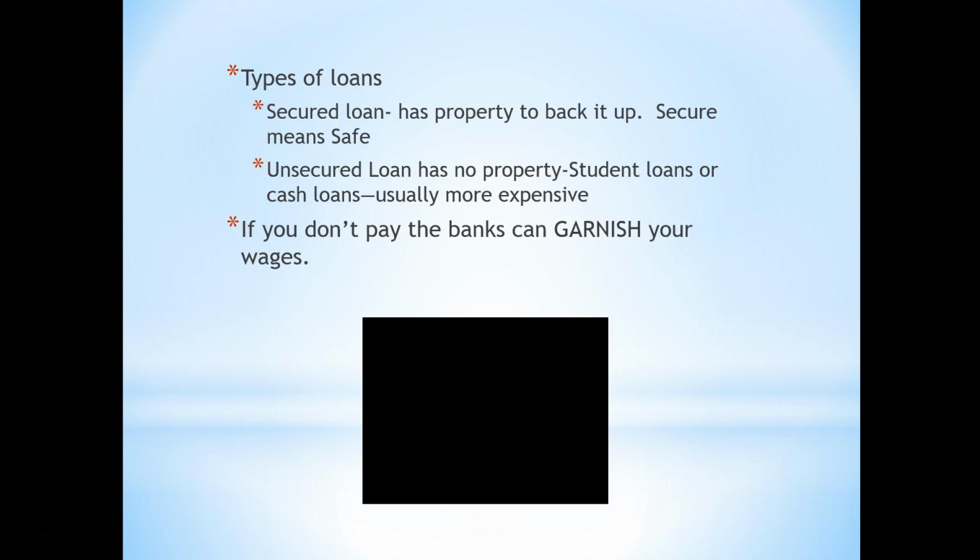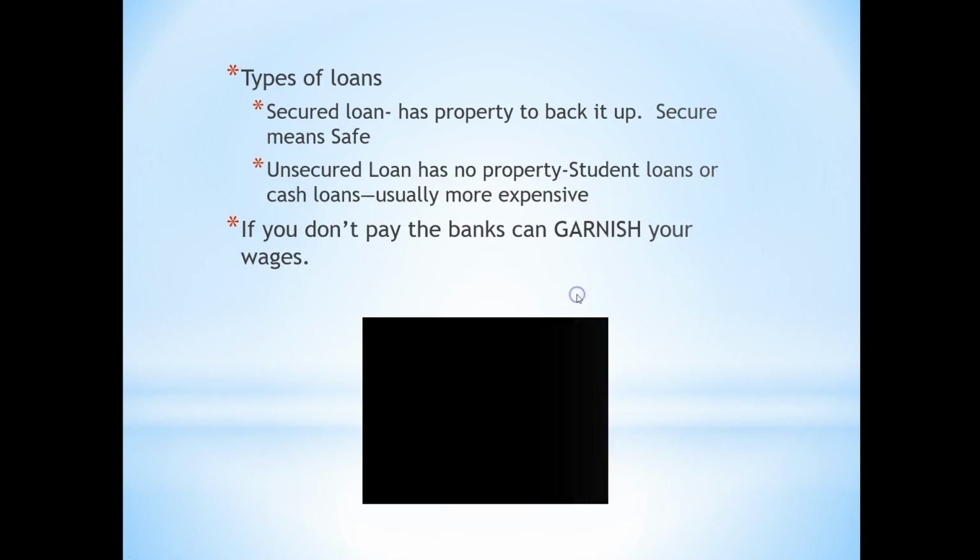Typically, loans that are secured loans, typically the interest is lower than if it was an unsecured loan. An unsecured loan has no property to back it up. And so the interest rates typically are larger. So a student loan is a good example of an unsecured loan, or cash loans. Cash loans typically would mean like your credit card, things like that. That would be a cash loan.